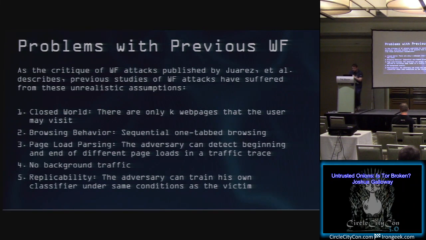Now, all these studies are usually done on somewhere between 50 and 500 hidden service pages, whereas the number of hidden service pages is somewhere in the millions. So to fingerprint all of them would be quite an undertaking.